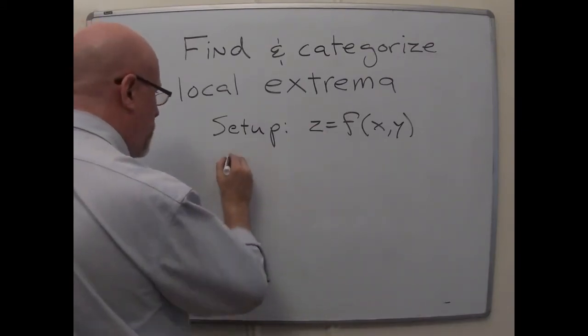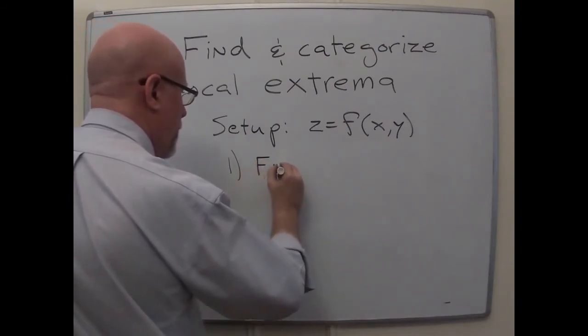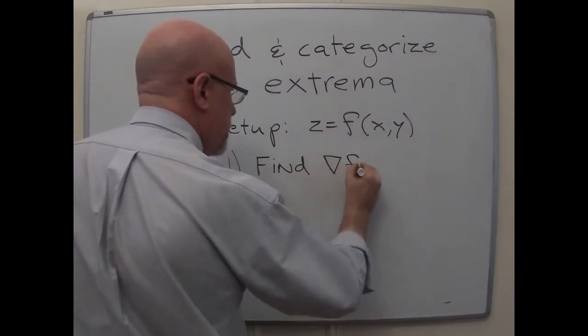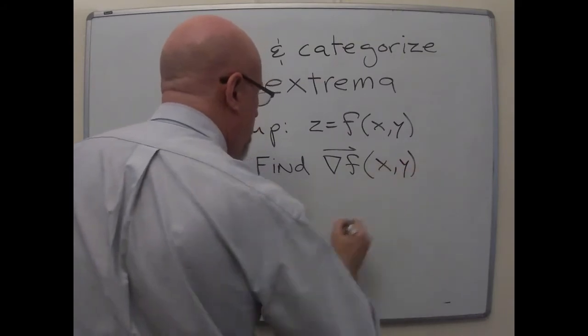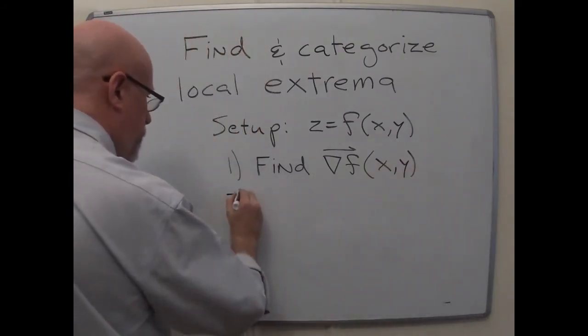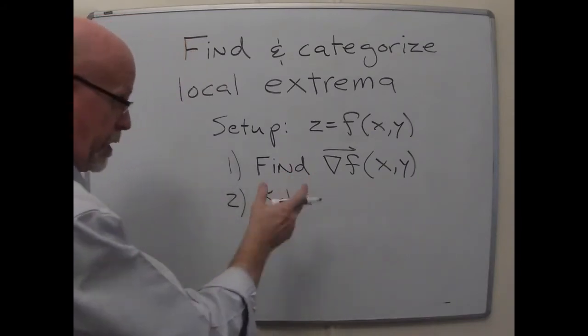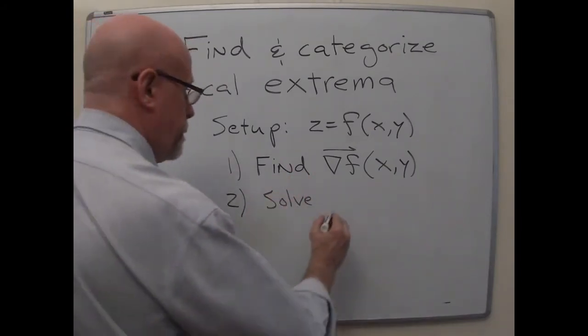So first, you are going to find the gradient vector for that f. That will be a function of x and y. And the next thing we're going to do is solve for the locations, the x and y coordinates, where the gradient vector is 0.